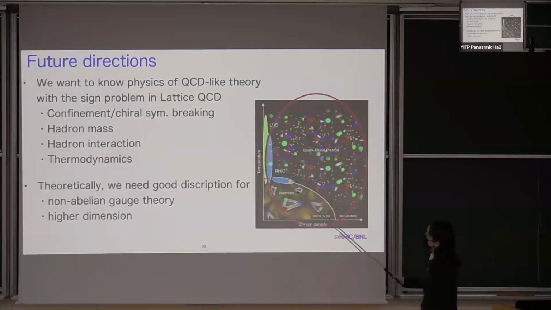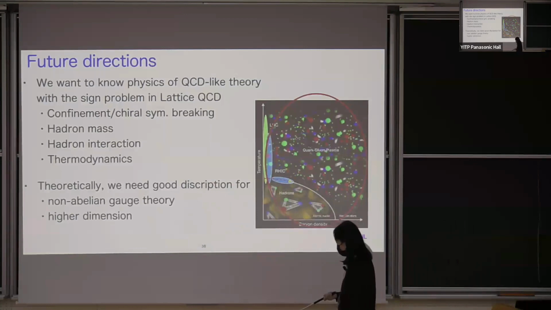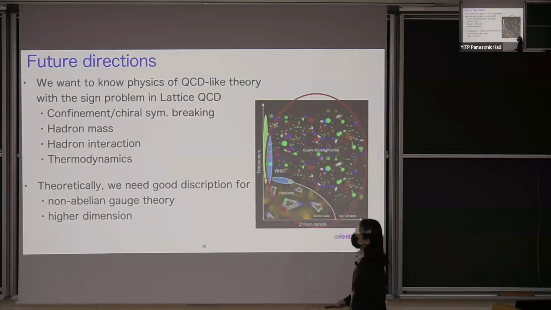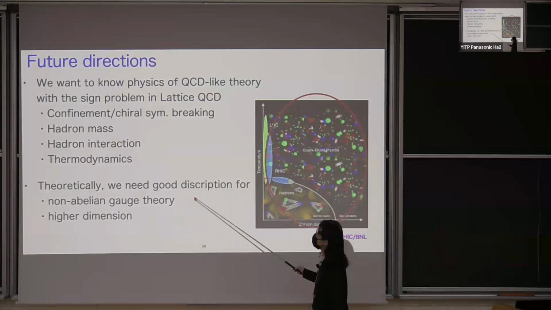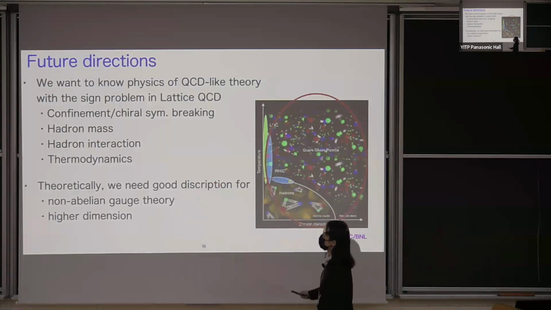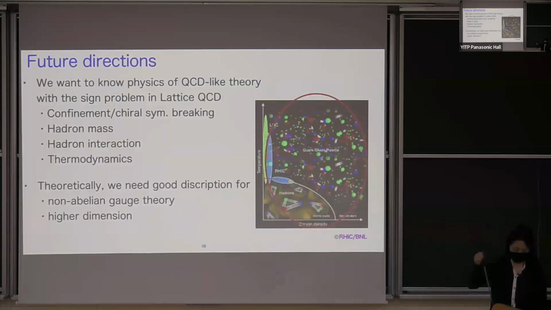And I would also like to implement thermodynamic systems using the quantum algorithm. And theoretically, the most important task is to find a good description of non-abelian gauge theory in higher dimensions. Okay, that is all. Thank you.